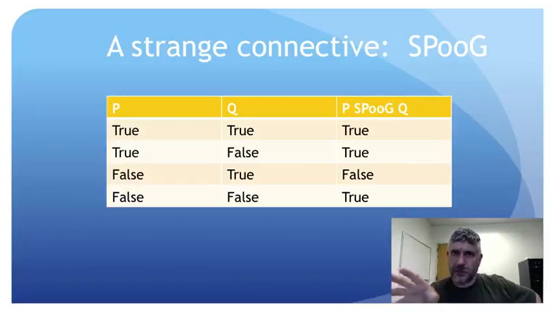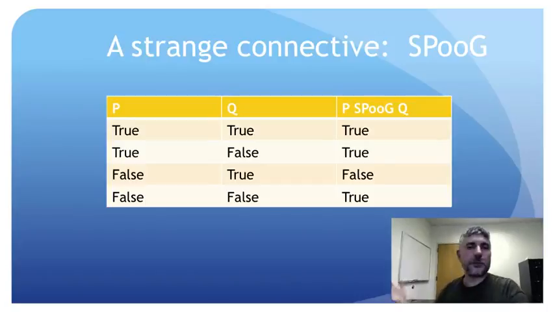And so you're observing their behavior, and finally you come up with a hypothesis. And you're pretty confident of this hypothesis. Your hypothesis is that they use spoog as a truth-functional connective, and it's a truth-functional connective that has this truth table.